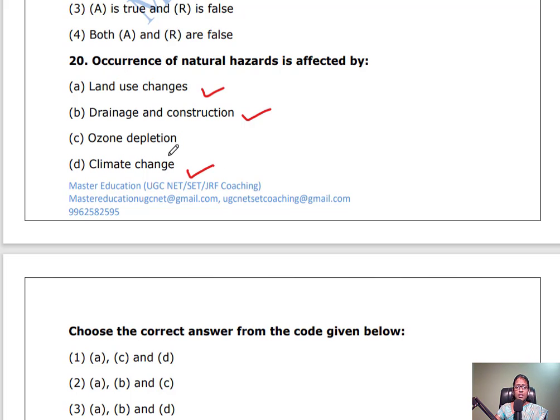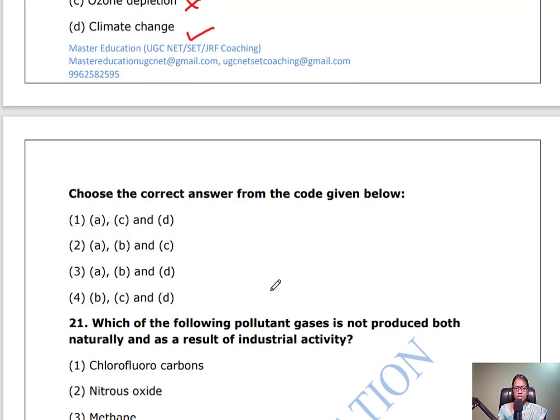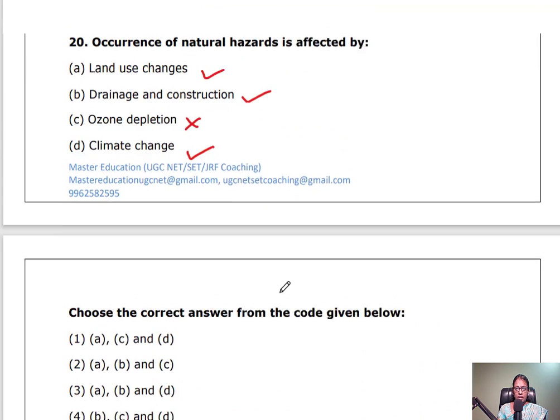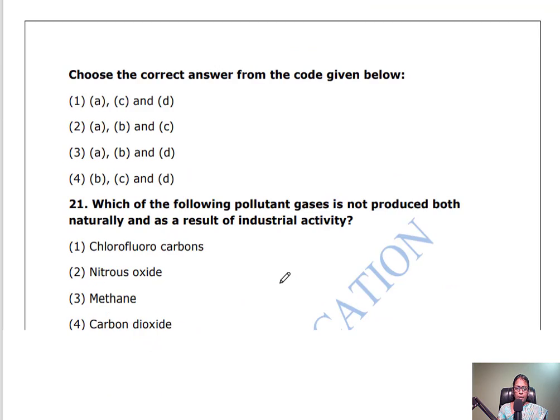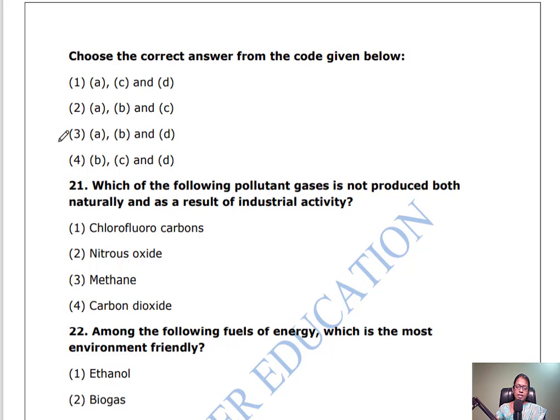Ozone depletion does not happen, because ozone is in the stratospheric layer and won't affect the lower surface. So A, B and D are affected whenever any natural hazard happens. So choose the correct answer from the code below, that is option 3, A, B and D.